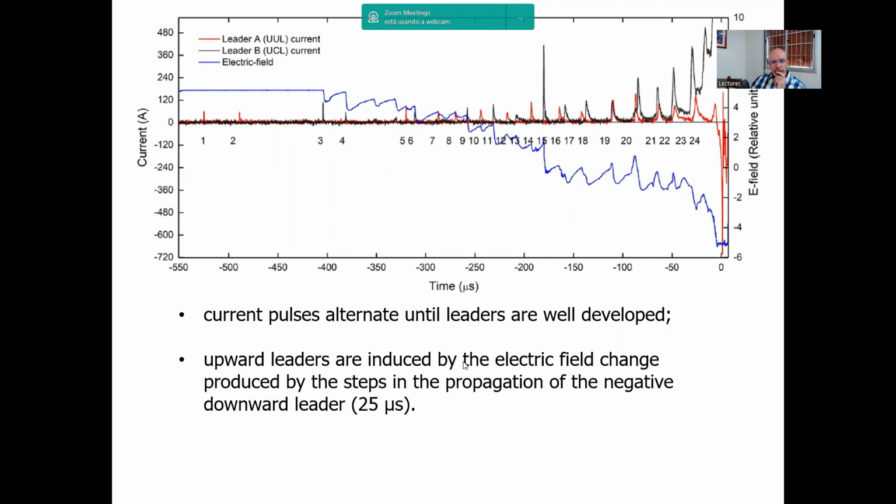And these upward leaders synchronize with the steps we see here in the E field. So we conclude that these upward leaders are induced by the electric field change produced by the step of the leader. And the time between these pulses in the electric field matches the average time between the current pulses.